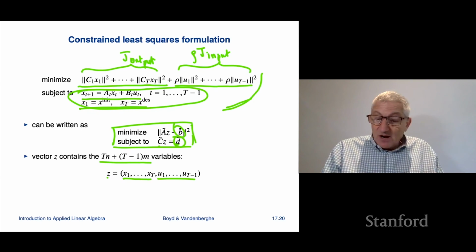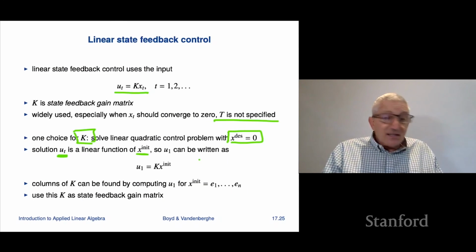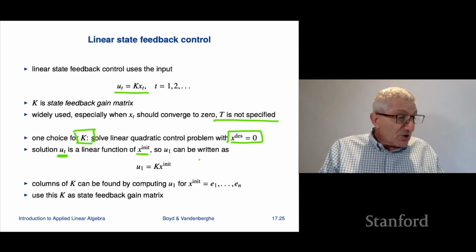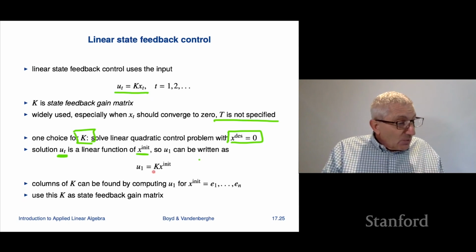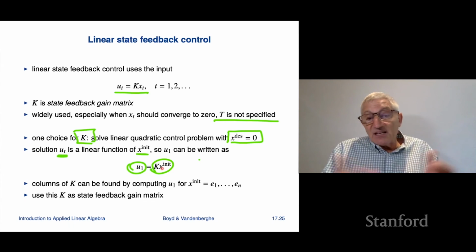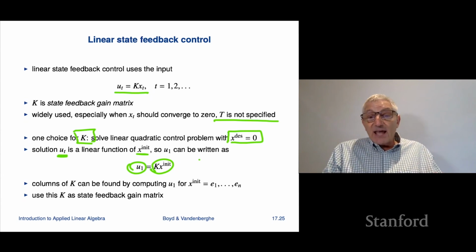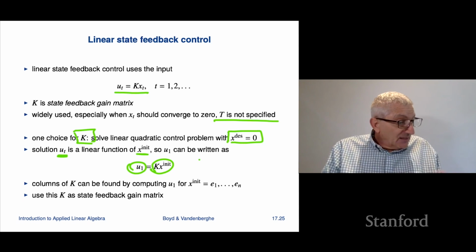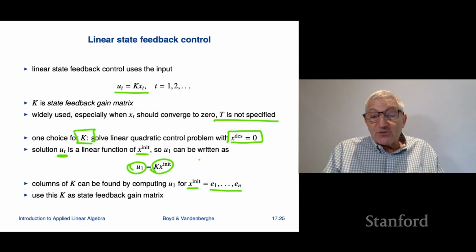Okay, so what that tells you is that when we solve the linear quadratic control problem, the first input, u1, is a matrix K times x init. x init is x1, by the way. We could find K easily. We simply use x init equal to e1 up to en, and we solve the problem for each of these.